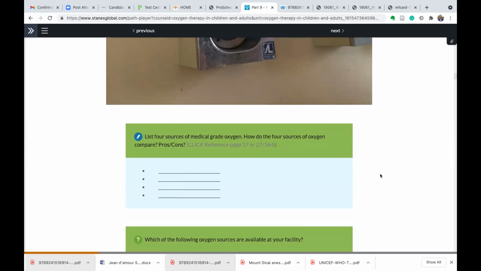Let's answer the second question. Which of the following oxygen sources are available to your facility? You can answer in the poll here. Here is the next question: which oxygen delivery devices do we have?